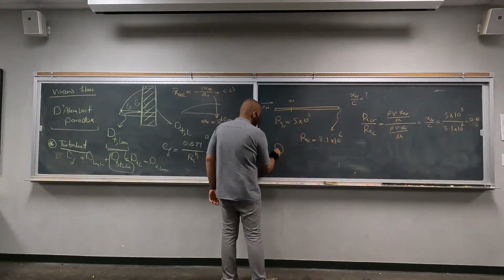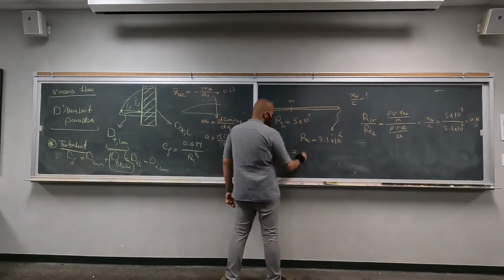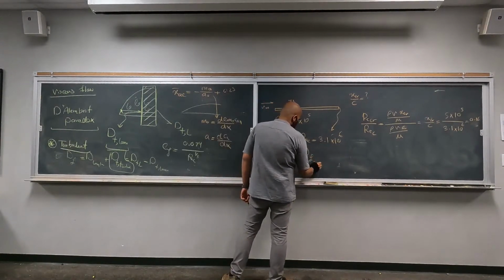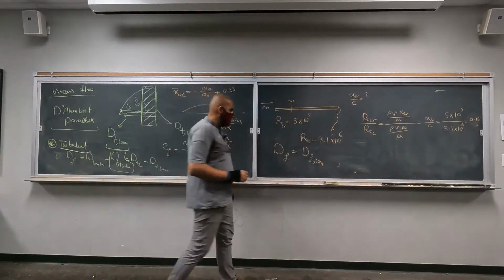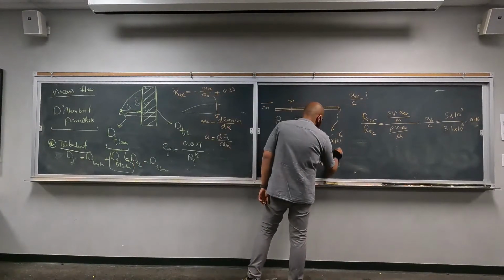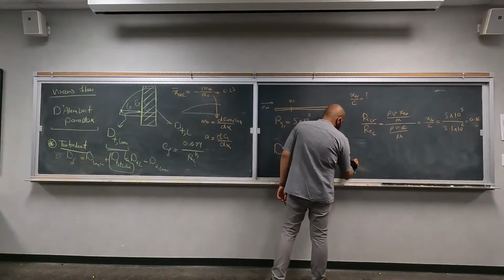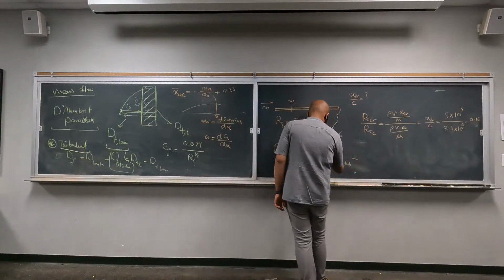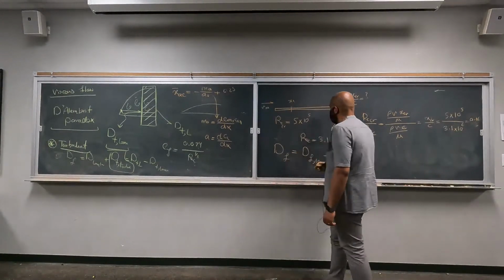Your total friction drag is equal to the laminar drag, right, minus the turbulent drag for the whole plate, minus the turbulent drag for the turbulent region.